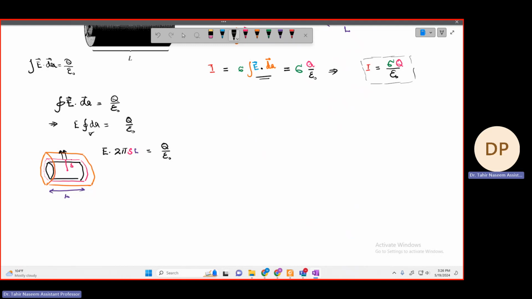Okay, fantastic. Then I can write E as 1 over 2 pi epsilon, and in the numerator I have Q, divided by SL. The direction is in the S vector direction, so the E field will be in the radial direction.